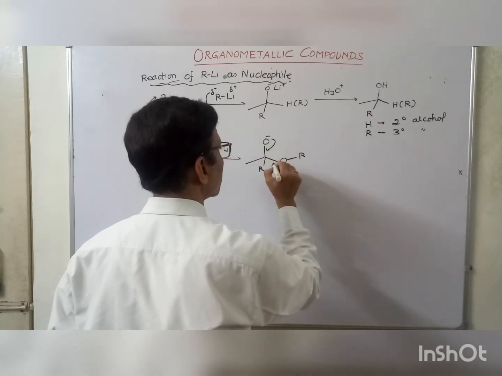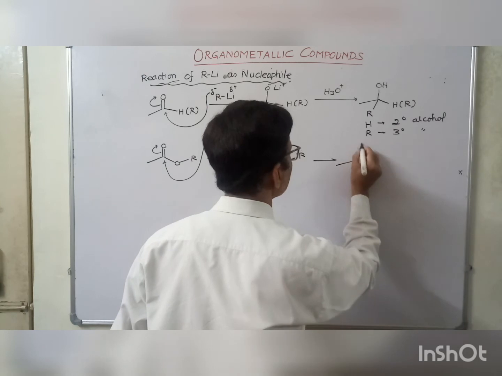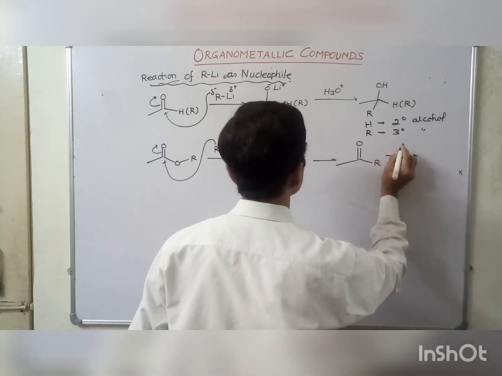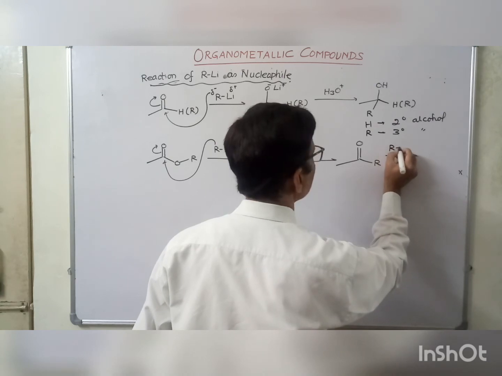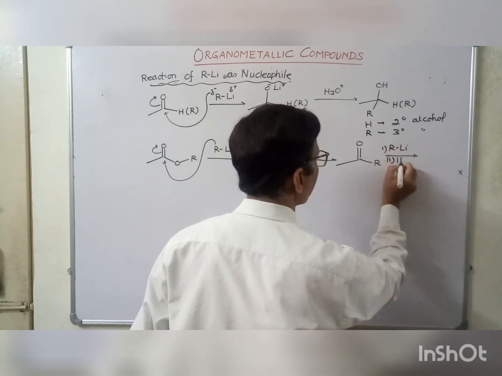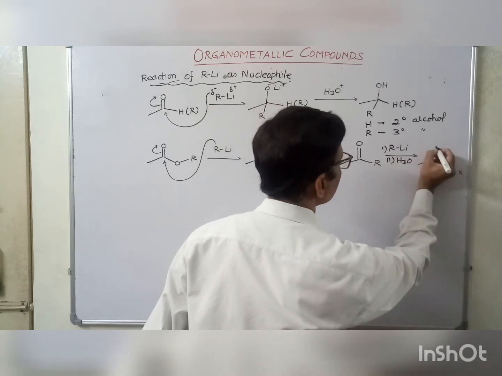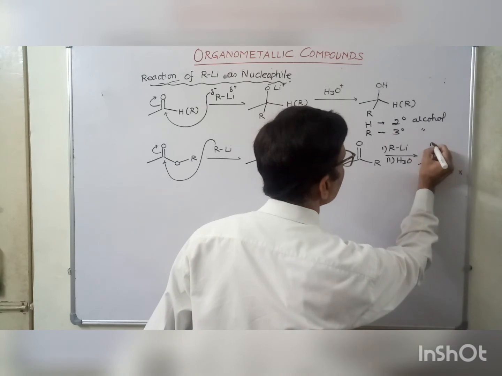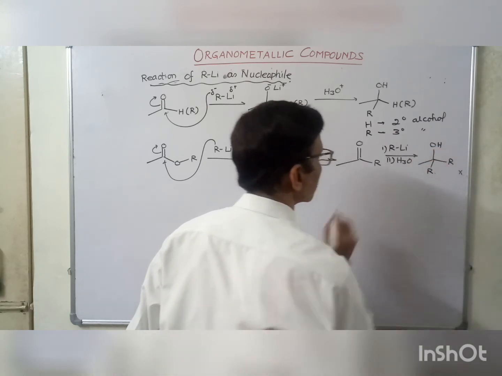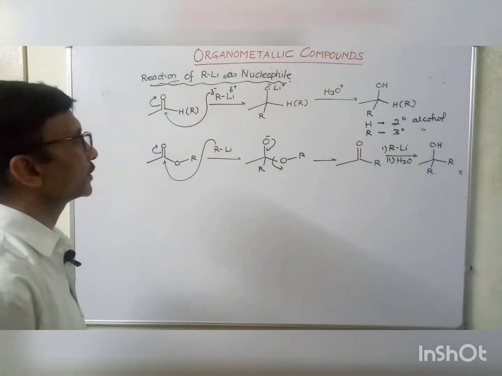so the leaving group leaves, and here we will get the ketone, and this ketone further in the presence of organolithium reacts like this. Now the reactions are the same as those of Grignard reagent.